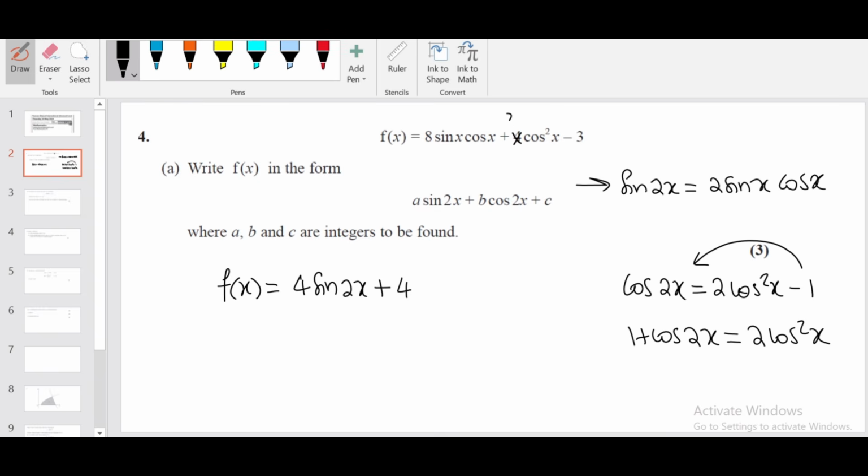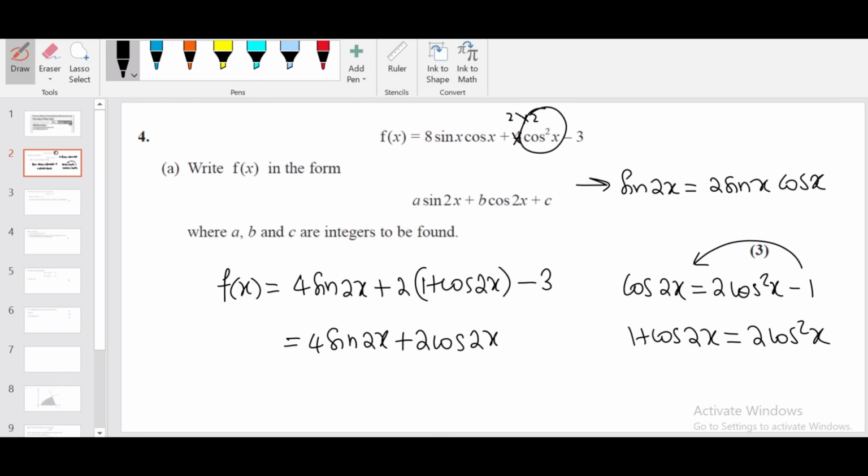You can write this 4 as 2 times 2, so 2 cos squared x, and you have another 2 there. 2 cos squared x is 1 plus cos 2x, minus 3. So open the bracket and simplify. You'll get 4 sin 2x plus 2 cos 2x. You have plus 2 here, minus 3 here. 2 minus 3 is negative 1.